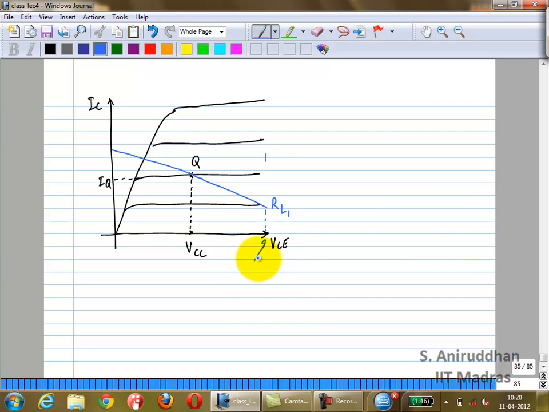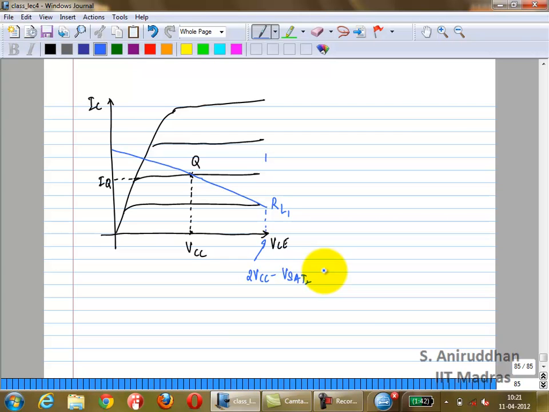So let me call this, what is this voltage? Let's assume VCC equals VEE. So it's symmetric supplies. When RL is very large, what is the maximum swing across the load?